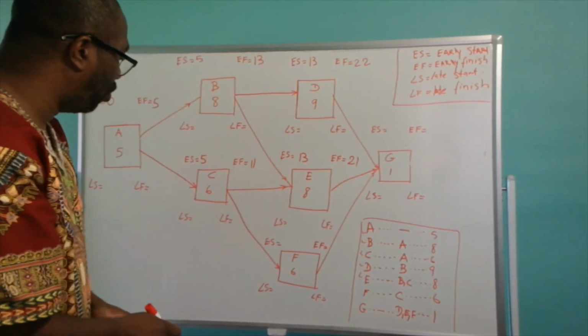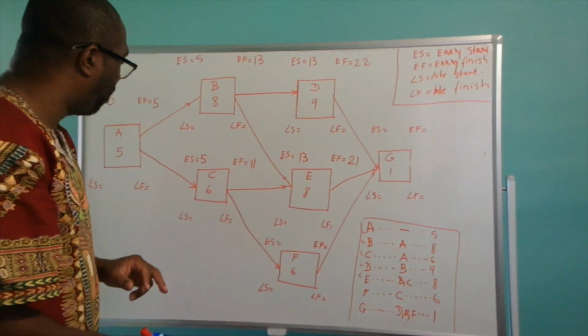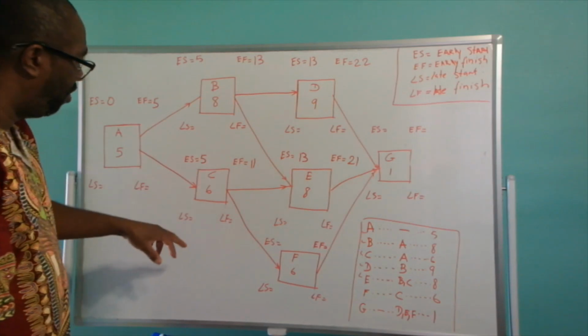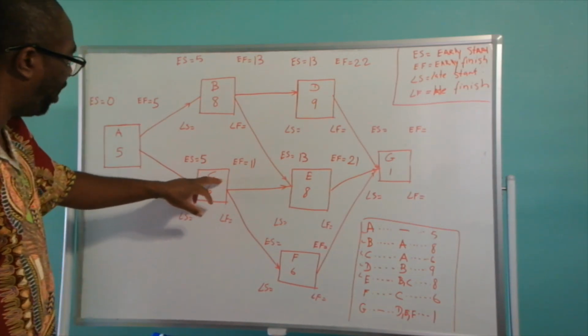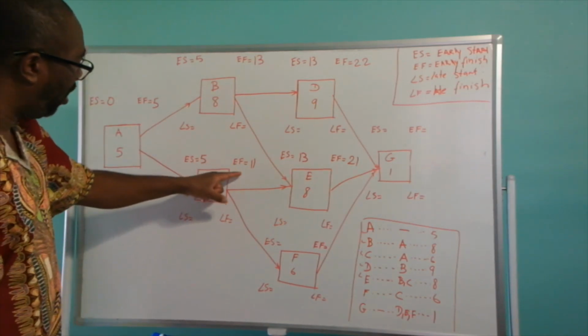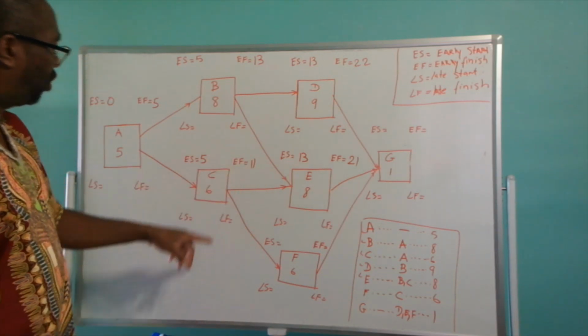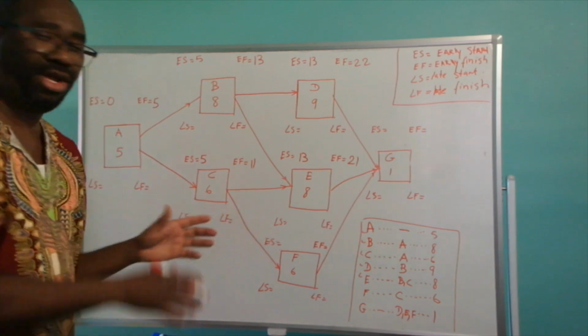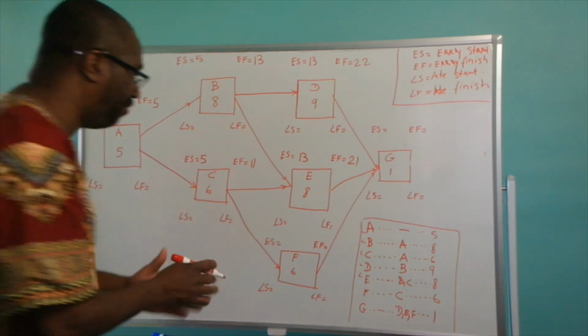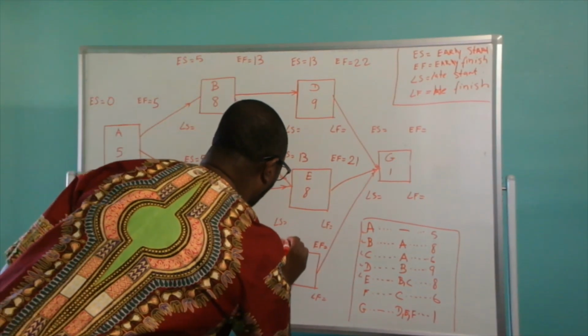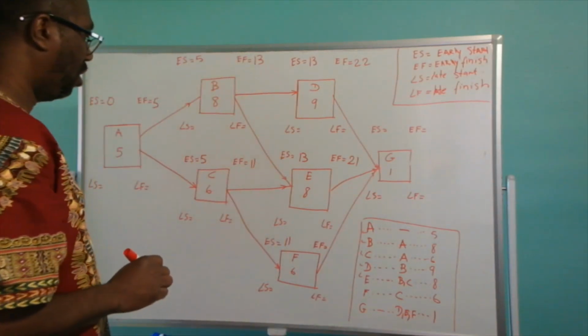Now we come to activity F. Activity F comes out of activity C, and activity C has an early finish of 11 days. So it's going to be 11 days for the early start for activity F. So we're going to bring 11 days right here.